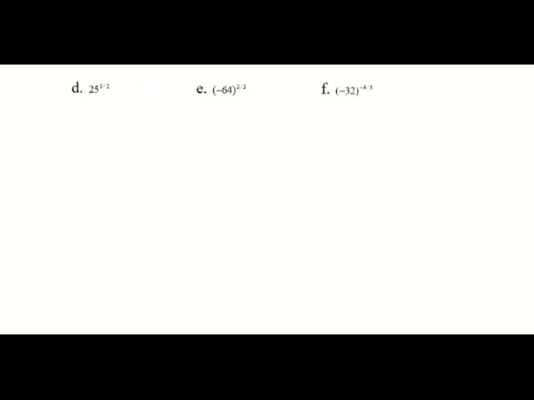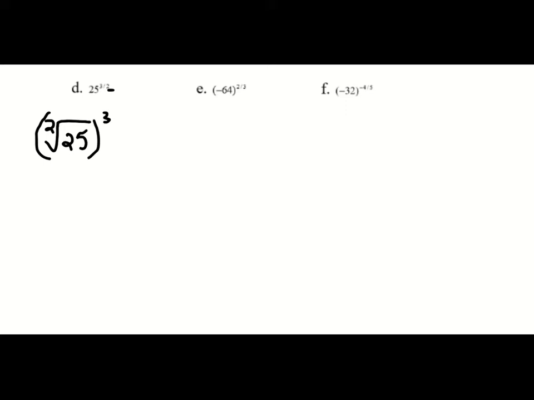All right, next we're going to look at 25 to the 3/2 power. When I put it into radical form, we'll have our radical, we have our 25. Your denominator is always your index, and the 3, the numerator, is our power. When you have a number there, I'm typically going to put the power on the outside, and you'll see why, because we can easily take the square root of 25 and then raise it to the 3rd power.